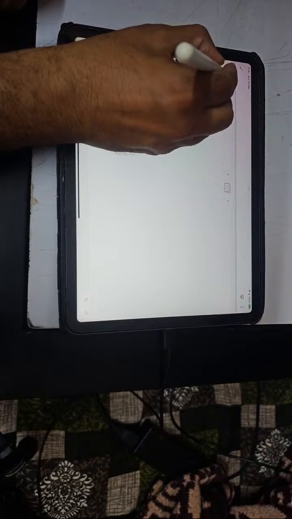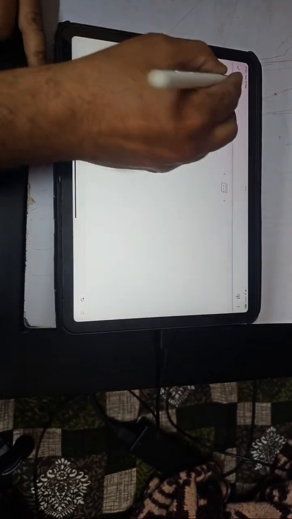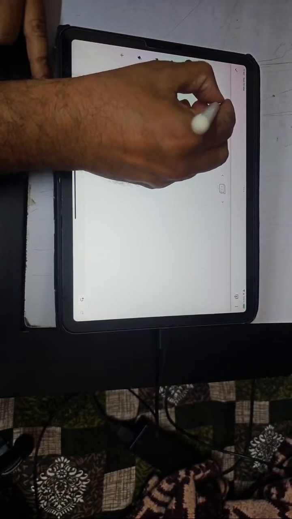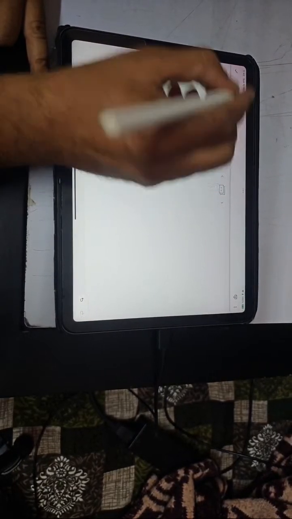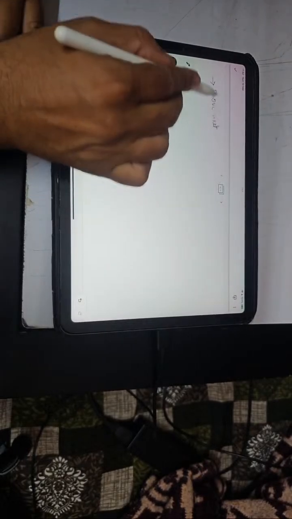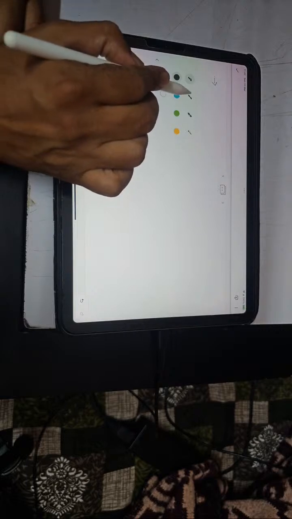Now, from the circles chapter, one theorem is very common. Let me make a little bit thicker pen so that if you are not able to see, you can see it.